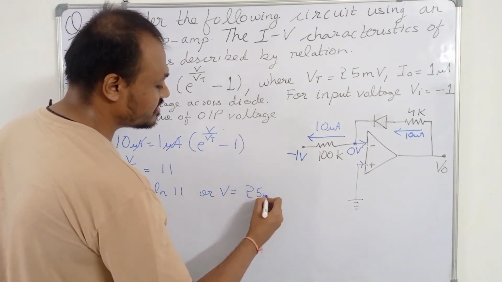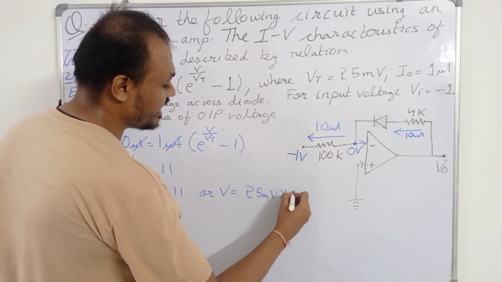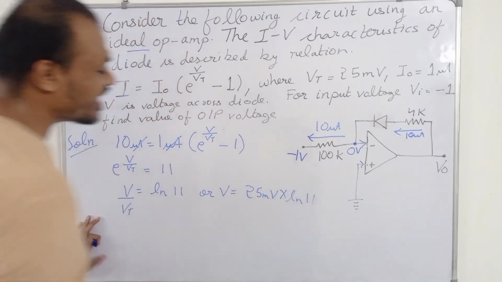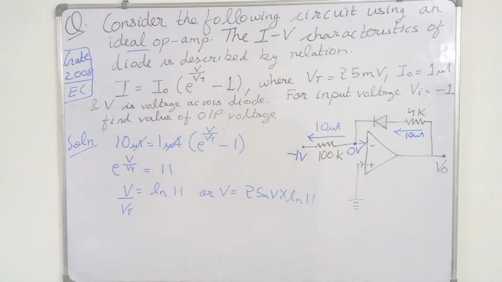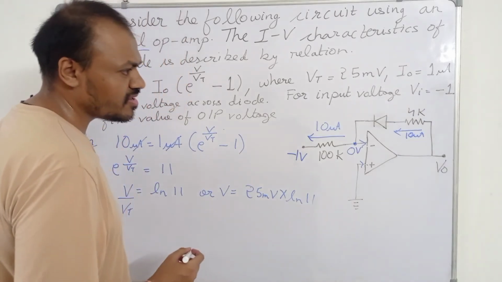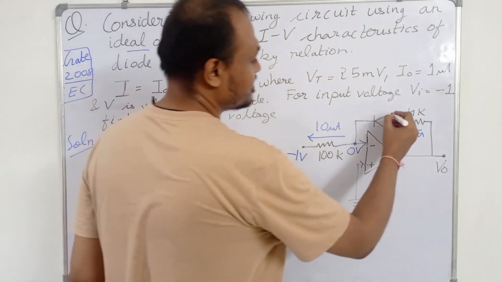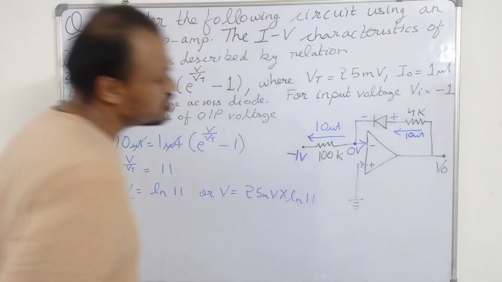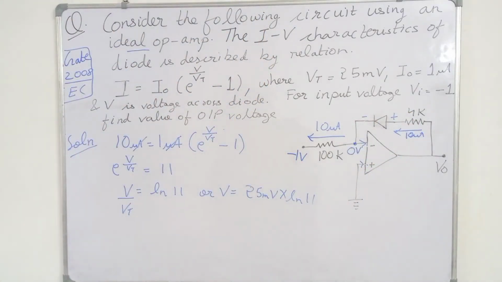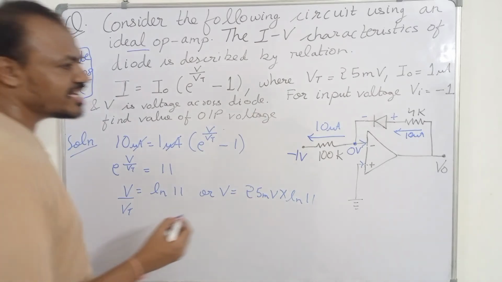So 25 millivolt into the natural logarithm of 11. If you solve it, you will get the answer for V, the diode voltage. So the diode voltage V is equal to 0.06 volt.